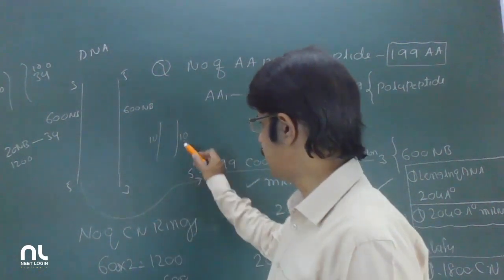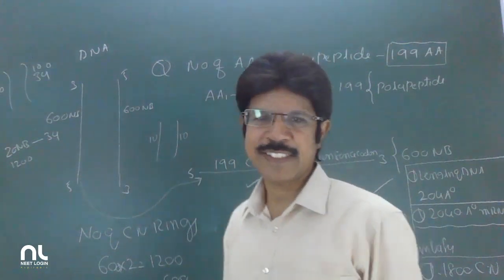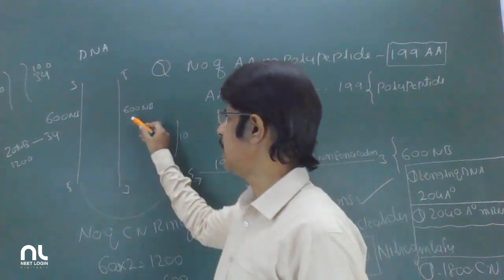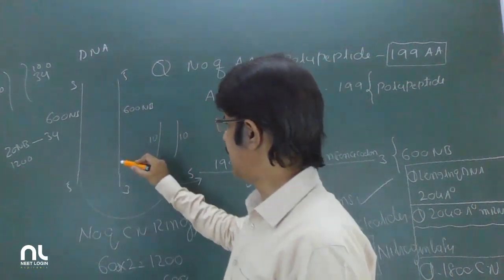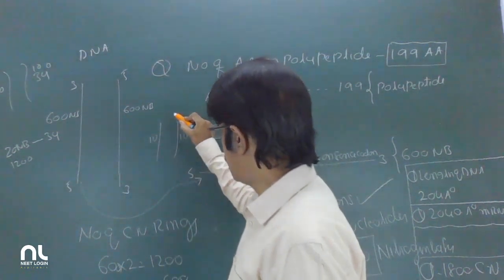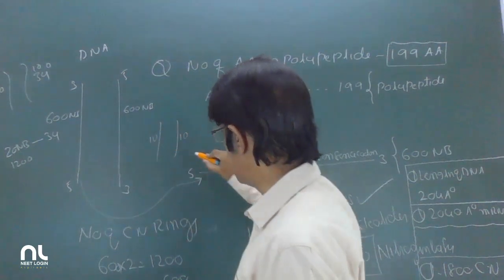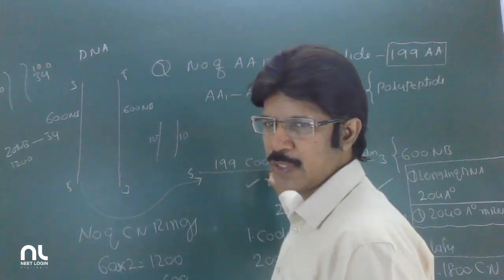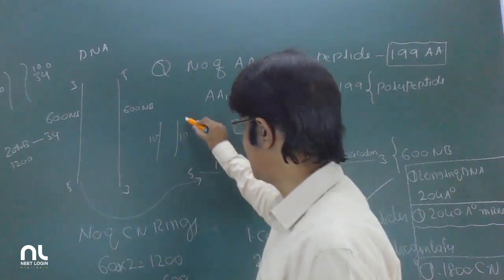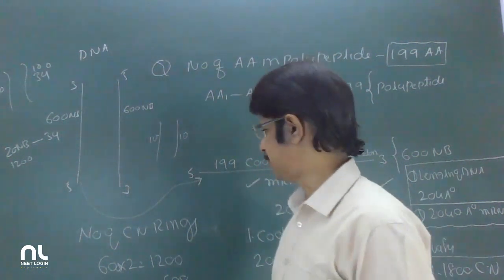Length of the DNA: for 20 nitrogen bases, 34 angstroms. For 1200 nitrogen bases, how many angstroms? In DNA, in total 34 angstroms, how many nitrogen bases are transferred to the mRNA? Only 10, this strand only. So for 10 nitrogen bases, the length is 34 angstroms.